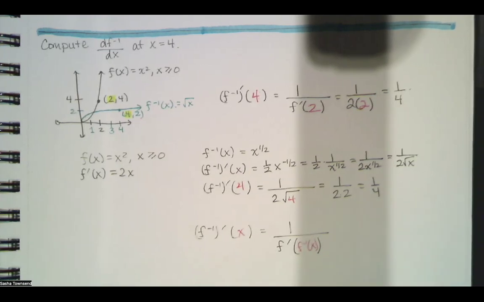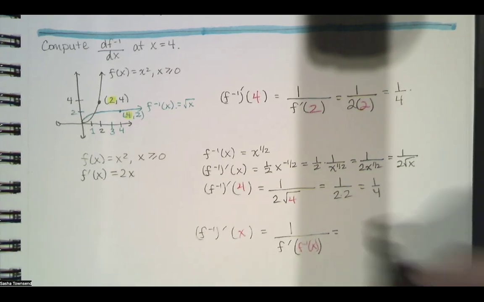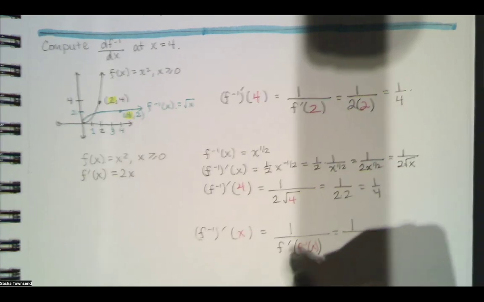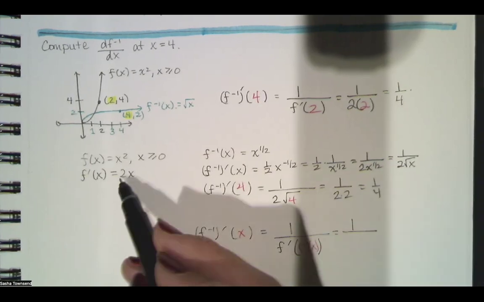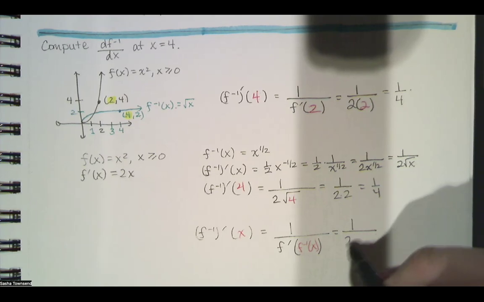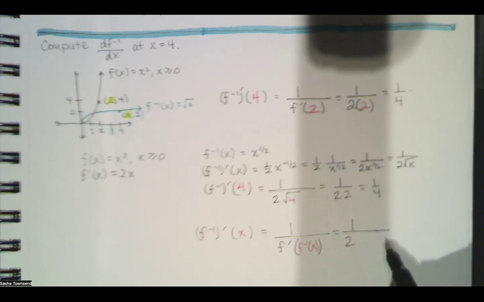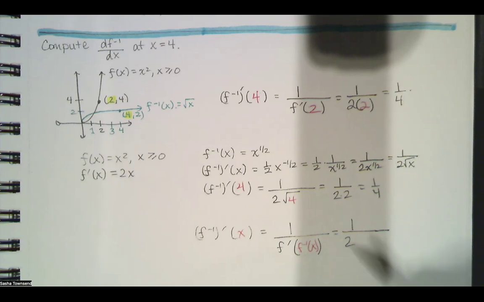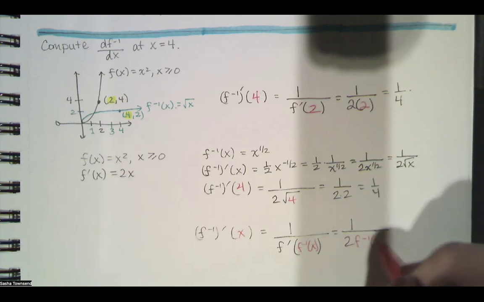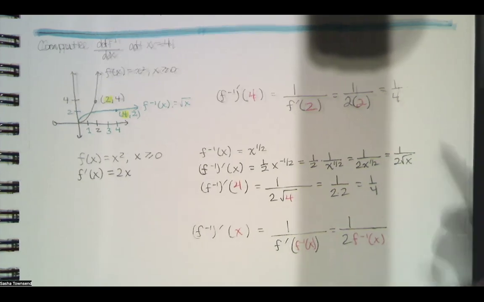And so you say, okay, well, how do we do that? Well, we compute the derivative of f. The derivative of f is 2x, right? But instead of substituting in a 2, I substitute in f inverse of x. And you say, well, what is f inverse of x?